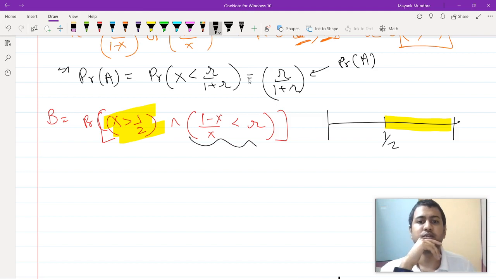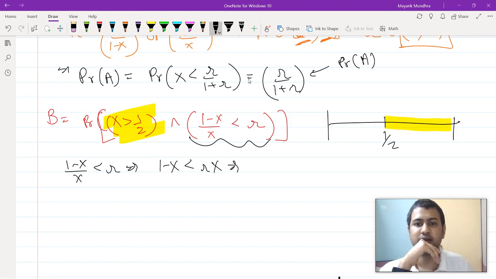Now let's look here. 1 minus x upon x less than r implies 1 minus x is less than rx, which implies 1 is less than 1 plus r into x, which implies x is greater than 1 upon 1 plus r.